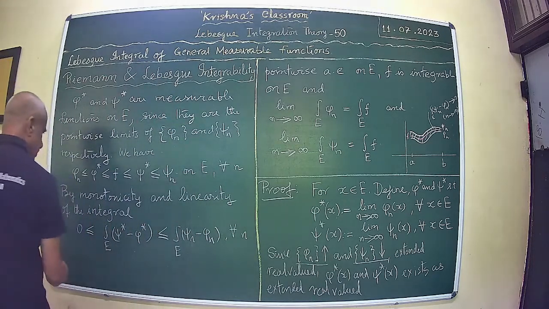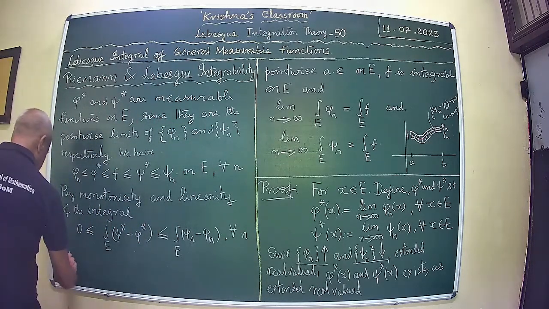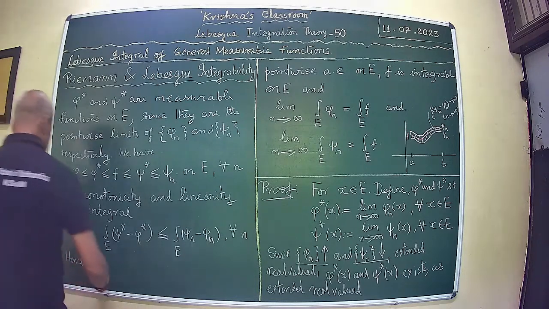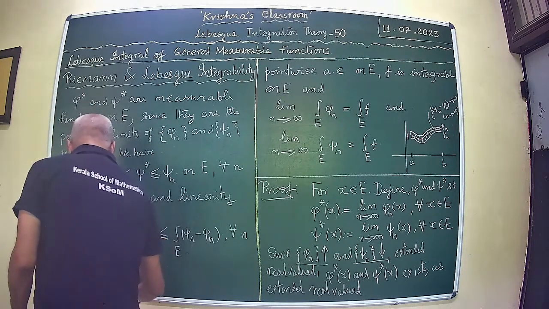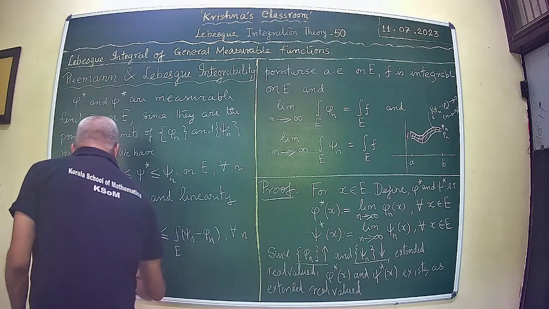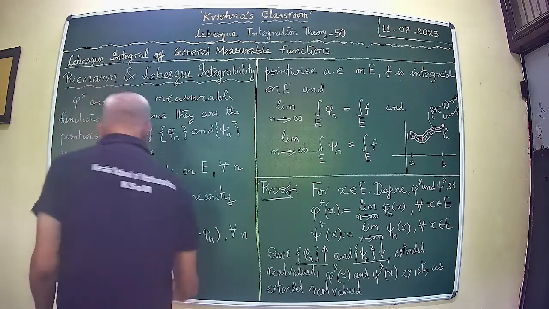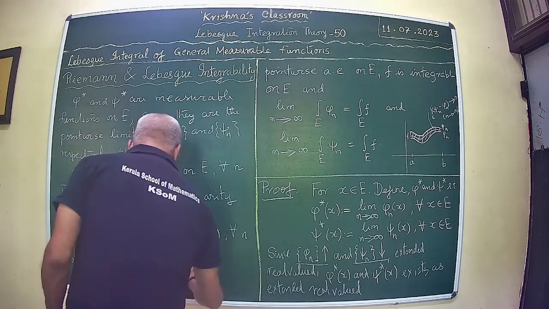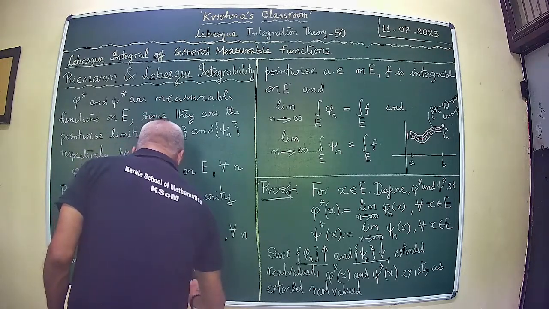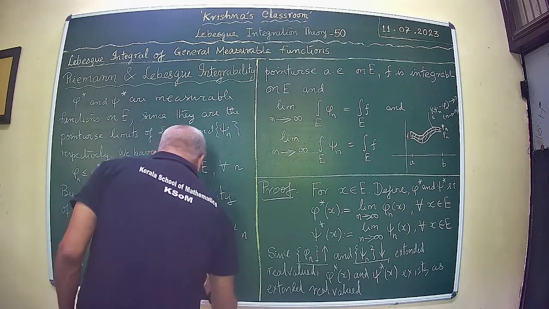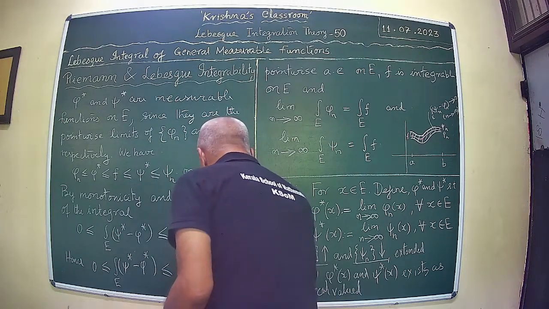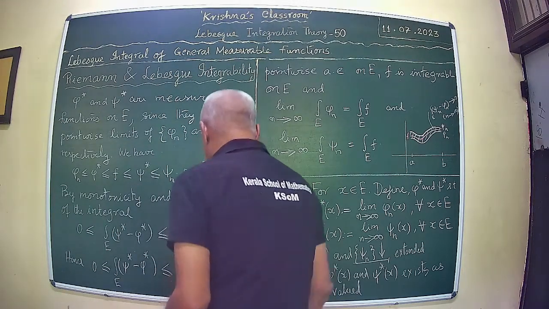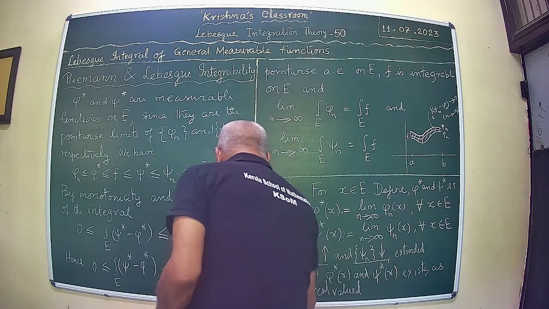Therefore, zero less than or equal to integral over E psi star minus phi star, which is less than or equal to limit n tending to infinity of integral over E psi n minus phi n, which is equal to 0.